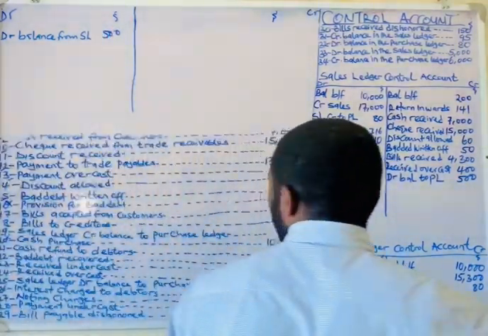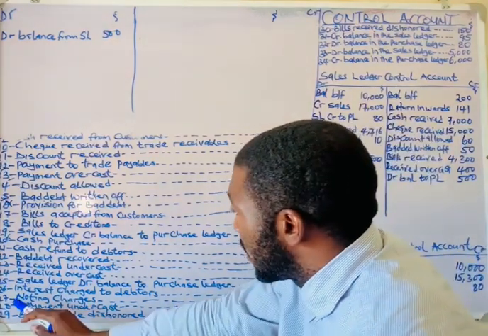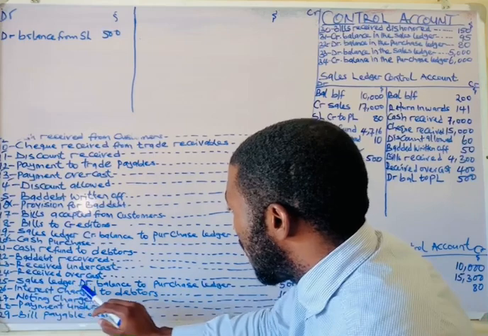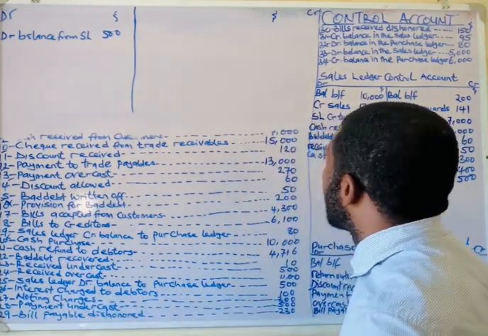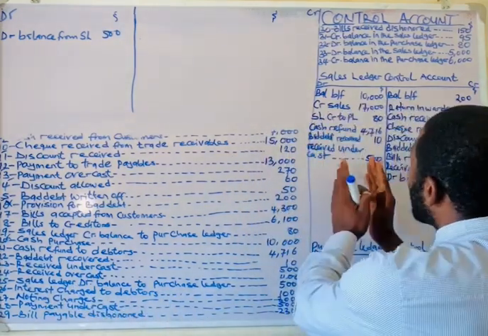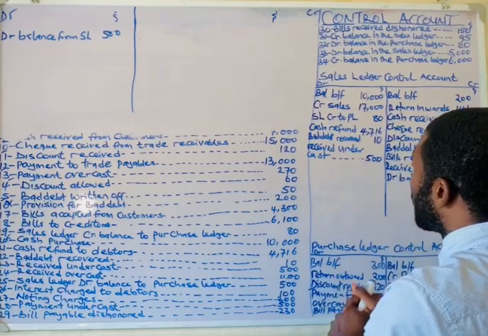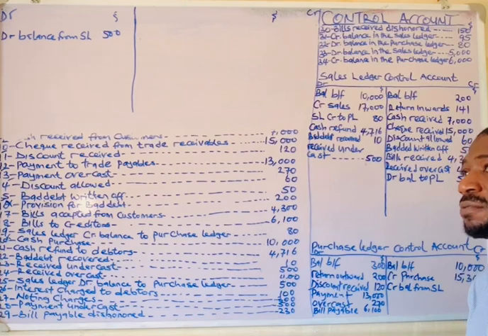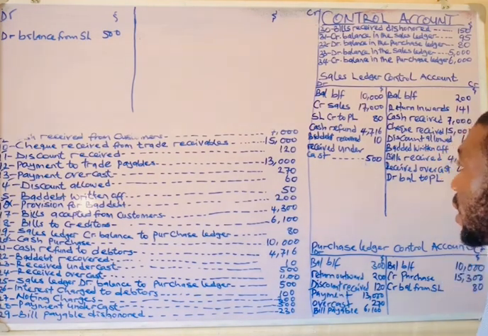Simple as that. So the next transaction is interest charged to debtors. This interest charge we add to the sales ledger control account. You charge them an interest, maybe for not paying for the item that they've ordered. The time is overdue, and you are charging them an interest.